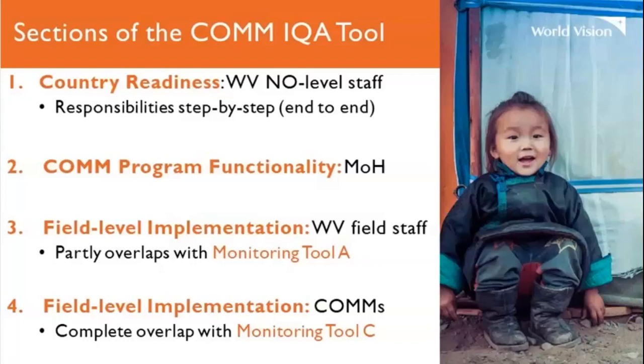And in the case of COMM, which means Community Health Committee, we're working with communities that very often are MOH-backed structures. So before we as World Vision jump in and start with our work, that relationship with MOH, or the acknowledgement of the fact that these are MOH structures and cadres, is necessary, and we need to work out our relationship as World Vision with these structures that are MOH-backed.